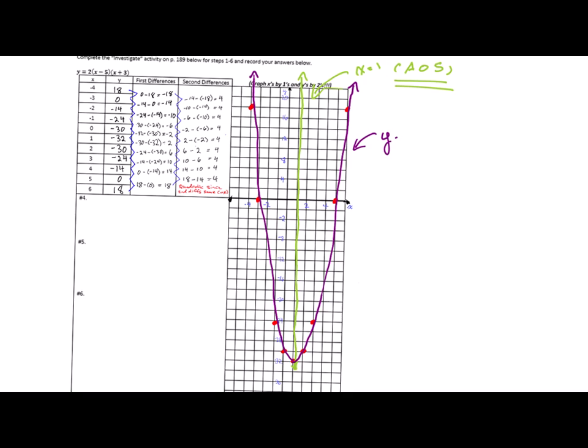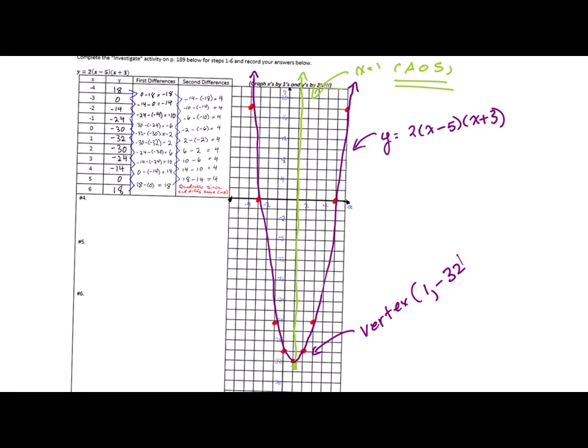Now, just make sure you label your equation as well. It's always a good thing. You'll always get some form of mark for labeling your parabolas if you ever have to graph them. And now, the bottom of our parabola is the vertex, and its point is 1, -32.